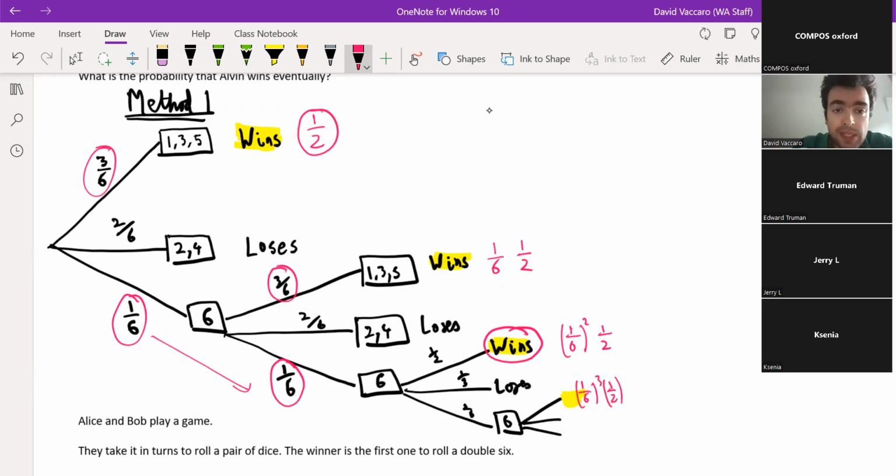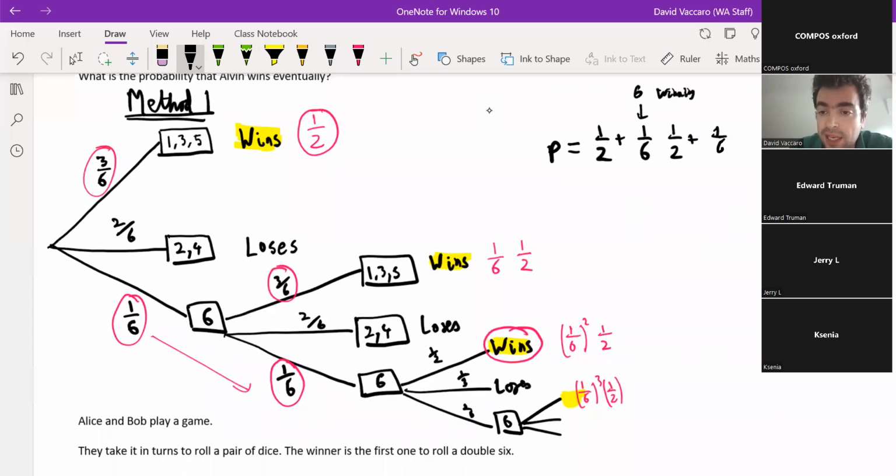And then this branch is 1/6 cubed times 1/2. And now if I sum this infinite geometric series, I get that the probability is 1/2. That's just winning straight away. Plus 1/6 times 1/2, which is the probability of getting a 6 and then winning. Plus 1/6 squared times 1/2, which is the probability of getting 2 6s and then winning.